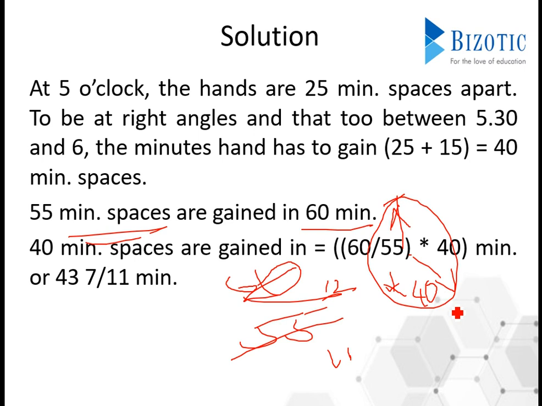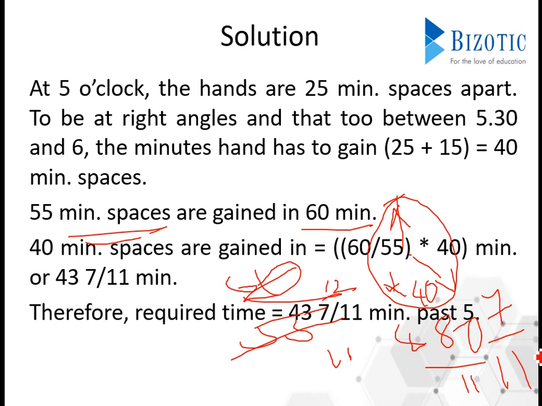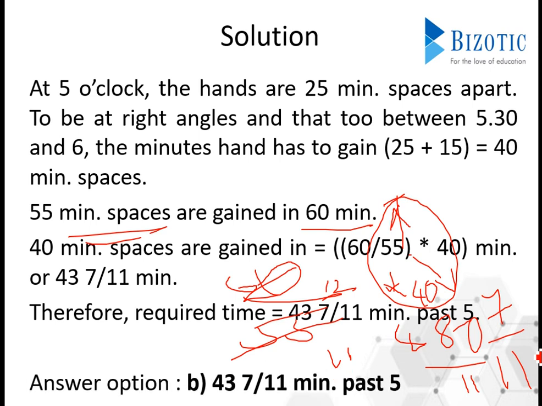If you multiply both of them, you will get 480 by 11, and then if you divide by 11, it will be 43 7 by 11. 11 fours are 44, which will exceed. So 43 7 by 11 will be the right answer, option B. I hope this is clear. So let's move on to question number 3.